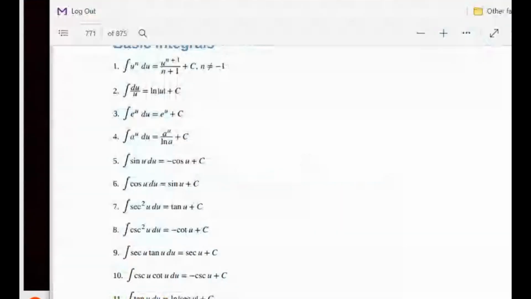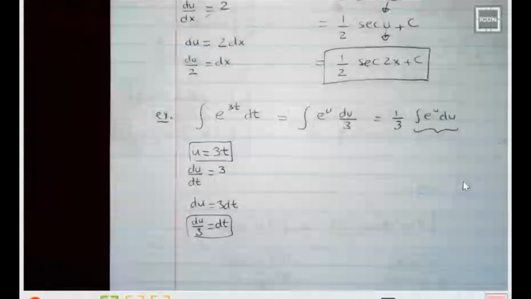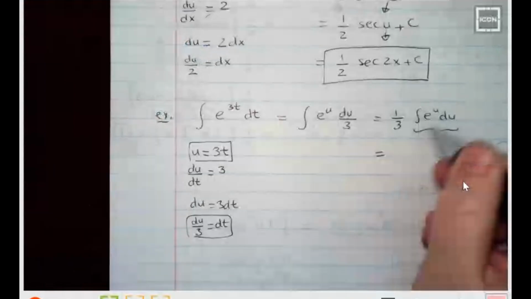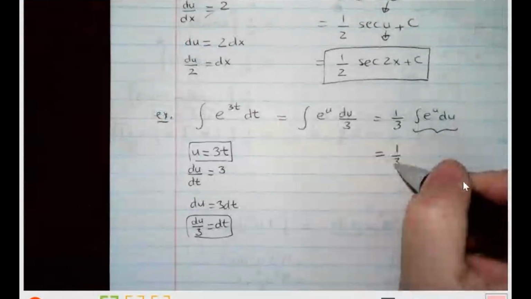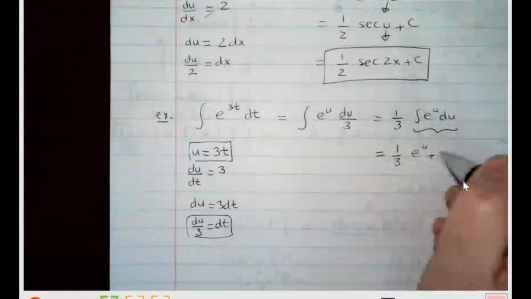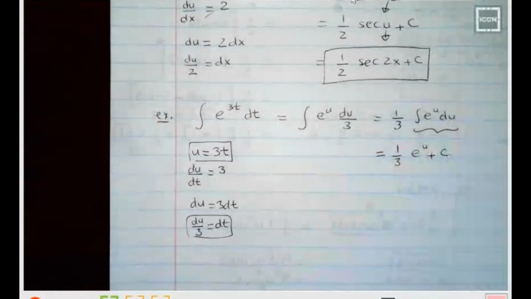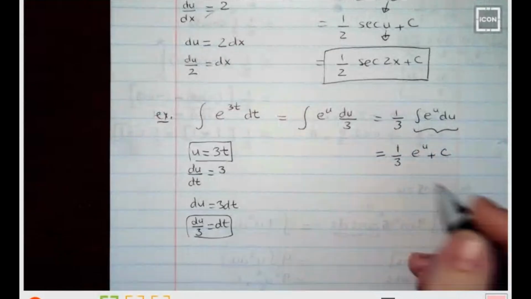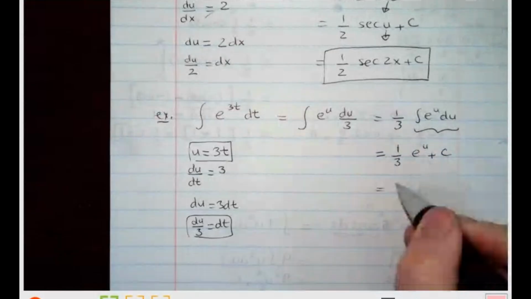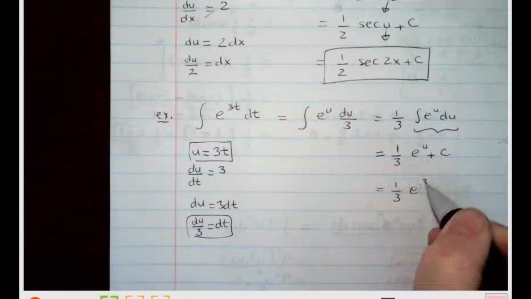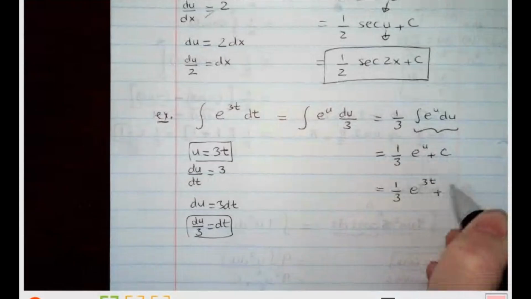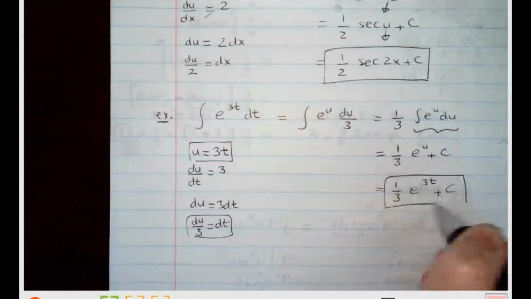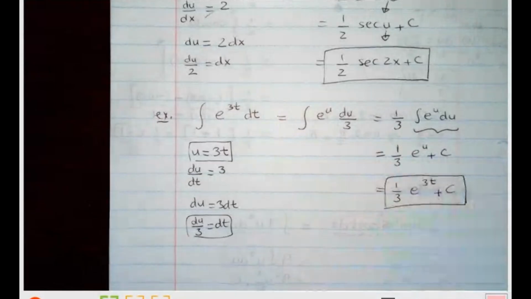Because the exponential function, its derivative was itself, its integral is also the same thing. So this will be e to the u plus c. Okay, and the last thing again would be to plug back the expression for u, which is 3t. Okay, so this is the final answer.